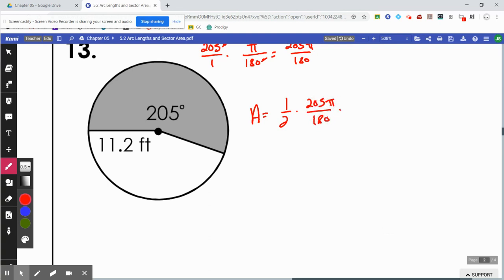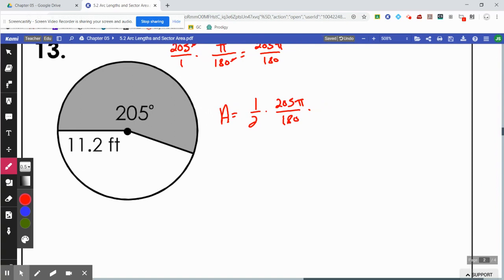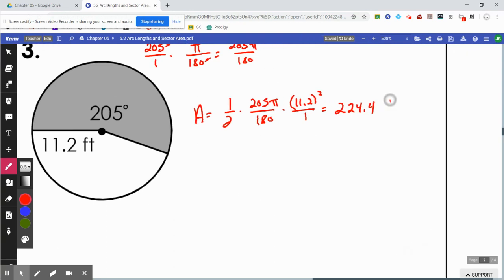And again, I'm not reducing because I'm typing it into the calculator, so there's really no sense in it. Times 11.2 to the second power. So you can multiply all the tops together, all the bottoms together, and then divide, or you can just type this straight into your calculator, and you're going to get 224.4, and that would be, again, in square feet, since this is measured in feet.